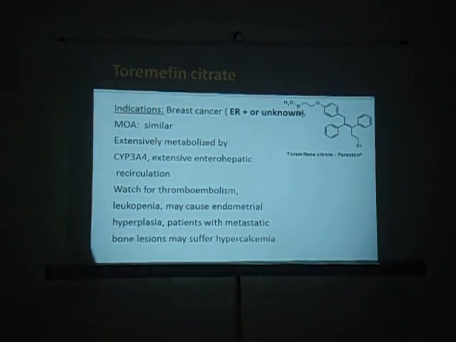Where the diagnosis is still not made whether the breast cancer is dependent on estrogen or not, we can still start with toremifene citrate. Mechanism of action is similar to all the SERMs. It is extensively metabolized by cytochrome enzymes. Enterohepatic circulation is there, and as with other estrogenic drugs, thromboembolism and endometrial hyperplasia, and sometimes it can lead to metastatic bone lesions and suffer with hypercalcemia.